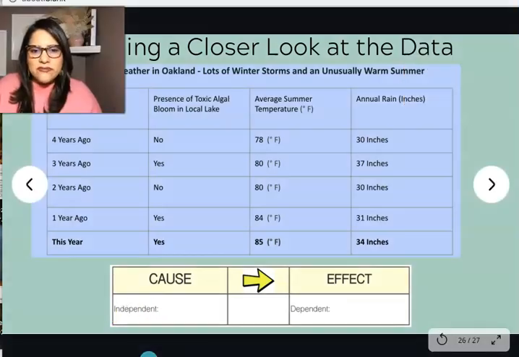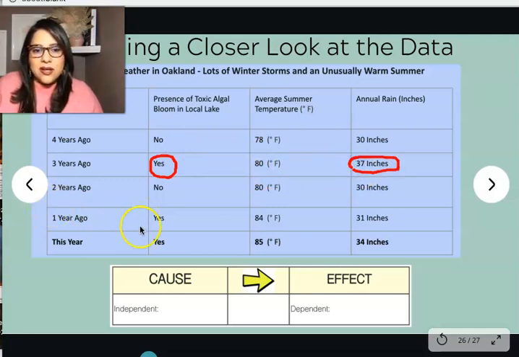I'm going to focus on the years where there were toxic algal blooms to see if there's some kind of pattern going on. Three years ago, there were toxic algal blooms. The temperature was 80 and the annual rain was 37 inches, which is a good amount of rain.